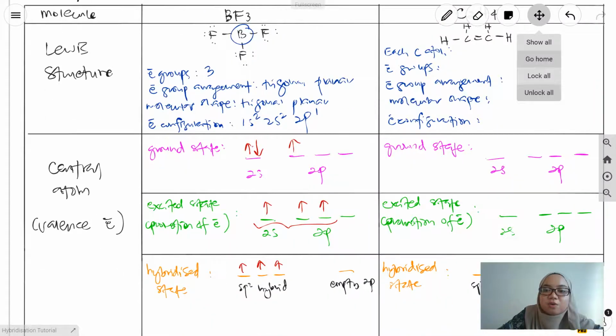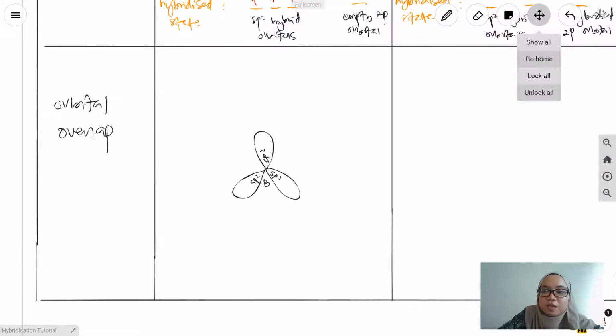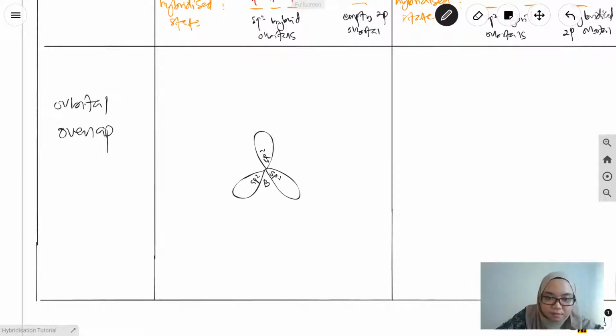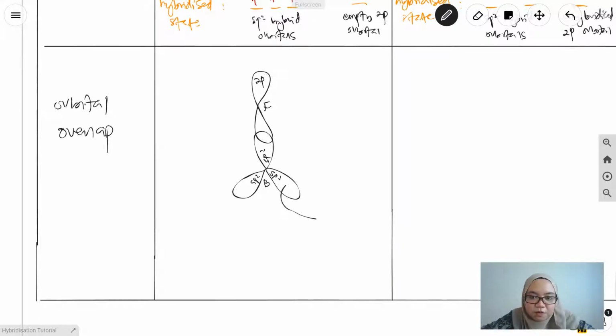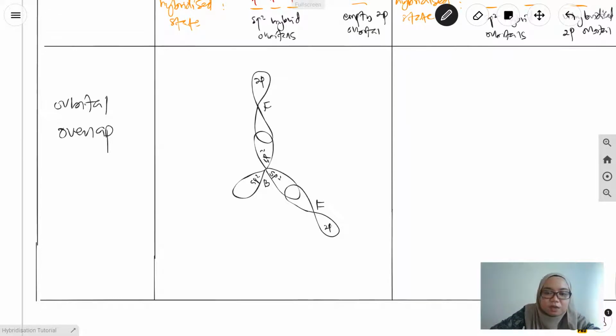So we draw the 2p orbital of fluorine like this. This is 2p fluorine. This one also 2p, and they overlap end to end to form a sigma bond with fluorine. This one also, this one also. So this is how you label and draw it first.